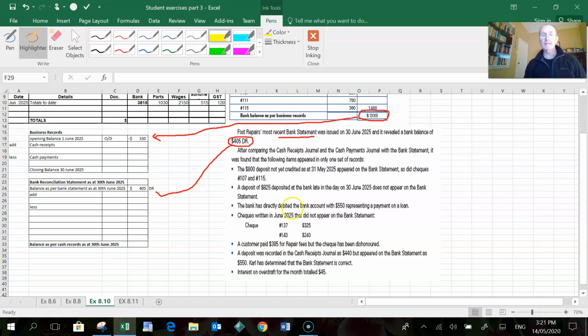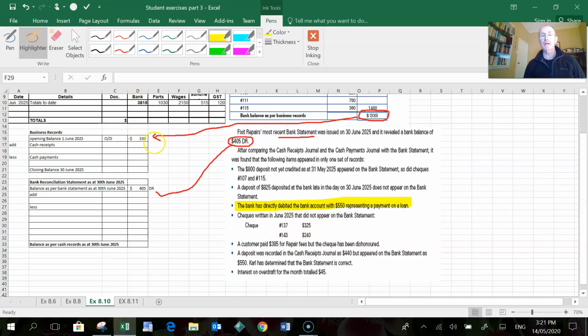The bank has directly debited the bank account representing a repayment of a loan. So we're not going to know about this until the bank statement arrives. So that's your first one that needs to be adjusted. We would not have any idea about that entry until the bank statement turned up on our desk. Checks written in June. So if we've written the checks, we clearly know about them.